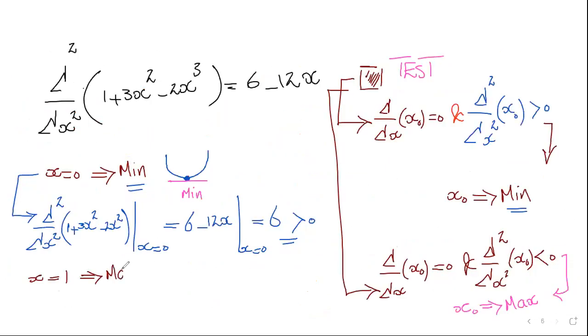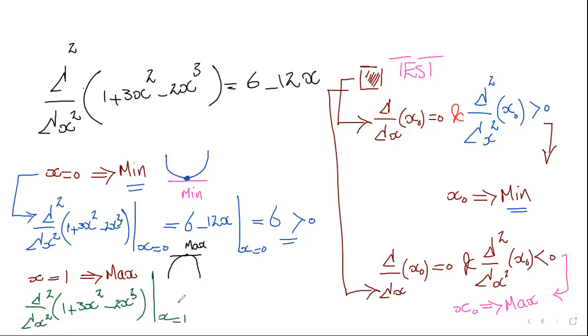It means that if you have it like that, the point at x equal to 1 is the maximum point and is concaving down. I do the second derivative test. The second derivative test means what? I take d squared over dx squared of 1 plus 3x squared minus 2x cubed. This is also cubed here.